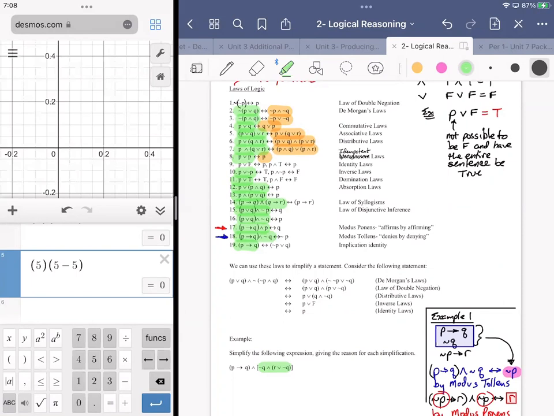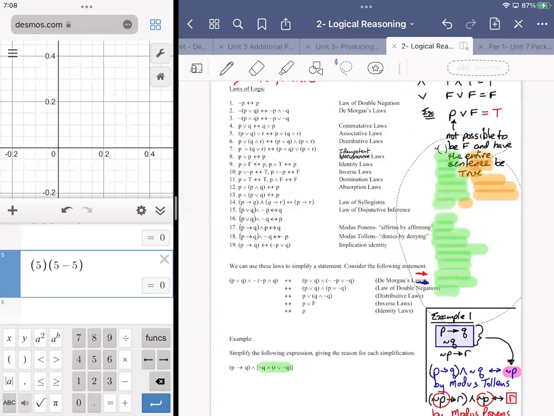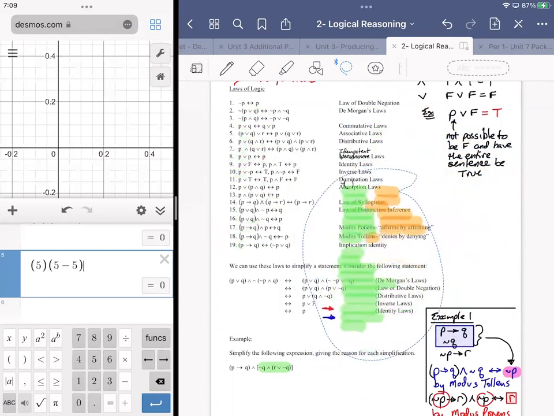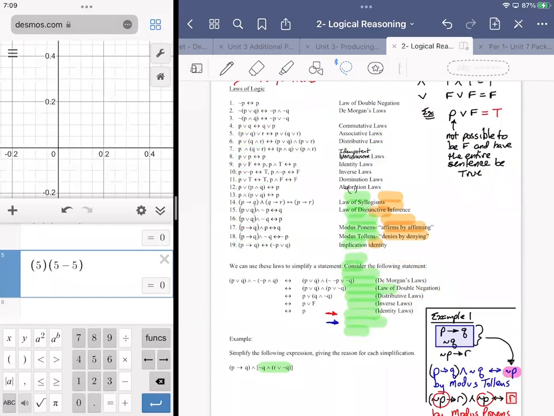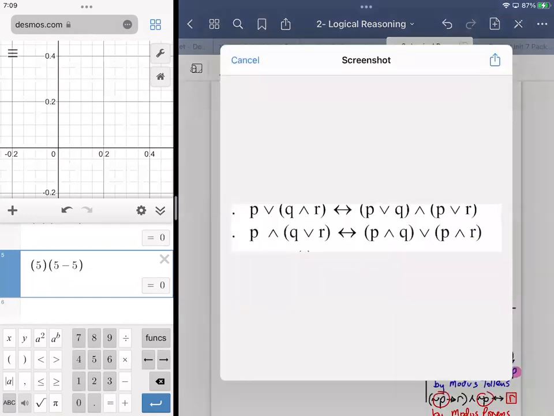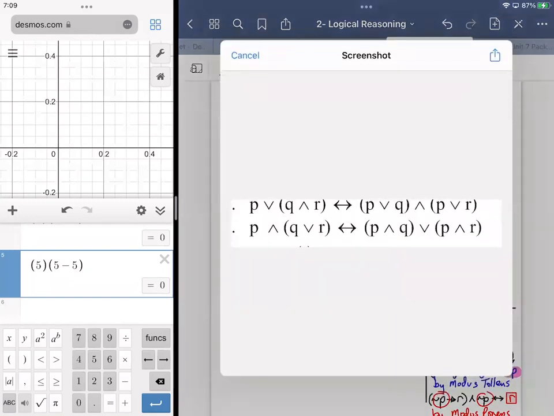I'm going to clean this up for a sec. Let me pull this out, put it over here, because I want to grab those distributive laws and bring them on down so we can really dissect them. Screenshot. Yeah, it looks terrible. Bring it in.